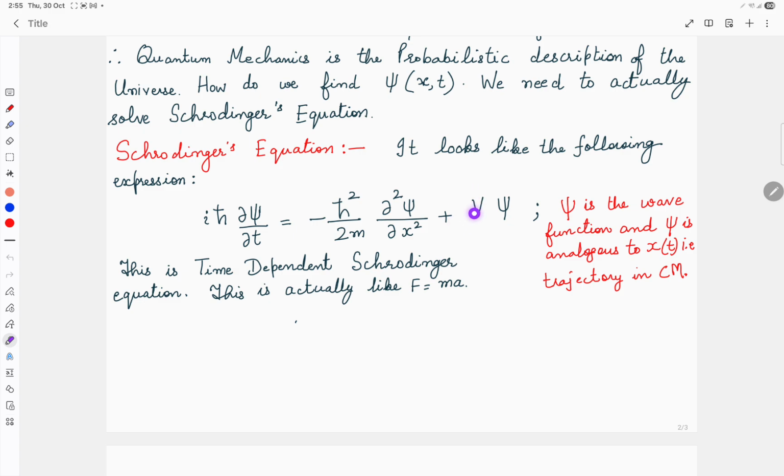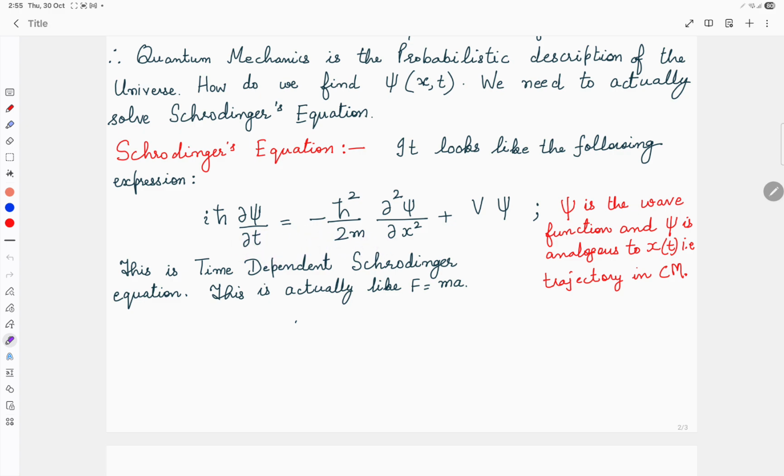V is the potential energy function and psi is of course the wave function. So this is the overall time dependent Schrodinger equation. Time dependent, why? Because we have one term in which the wave function is dependent on time.